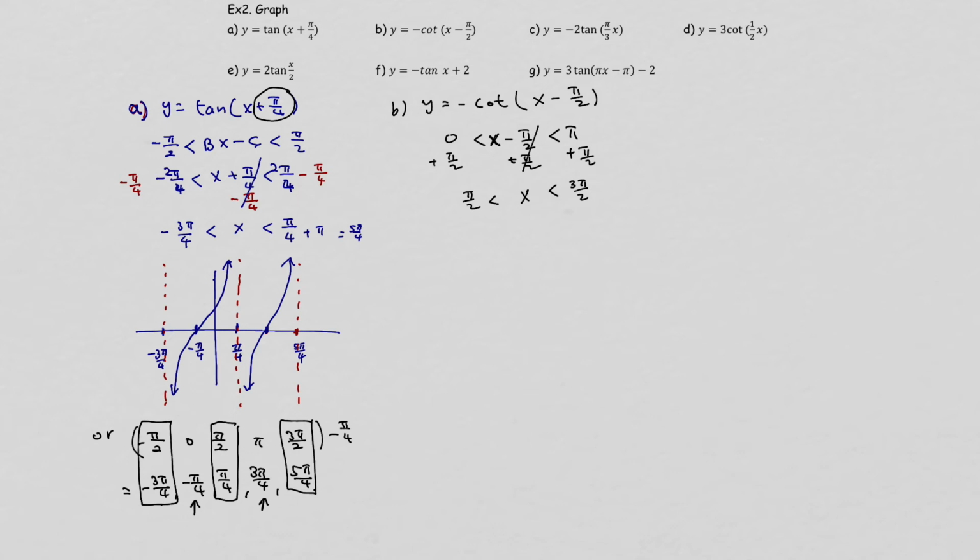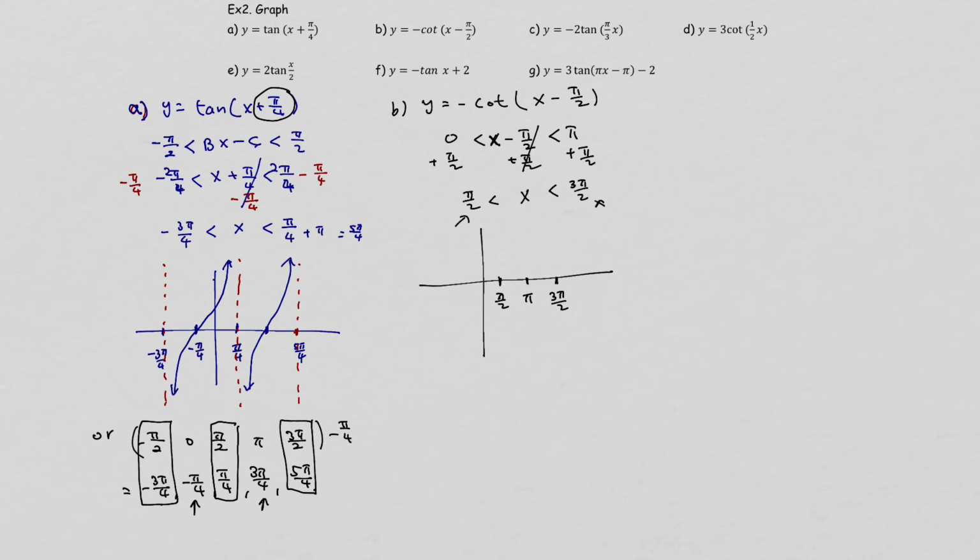So if we wanted to graph that, first, that's going to be a vertical asymptote, right? And this is going to be 3 pi over 2. And exactly half of those 2 points should be pi.